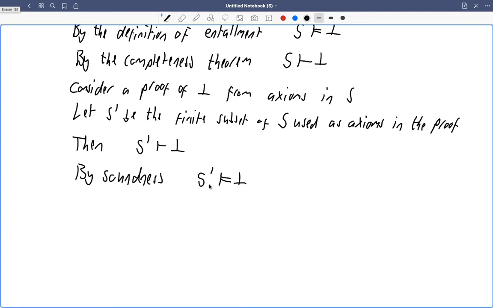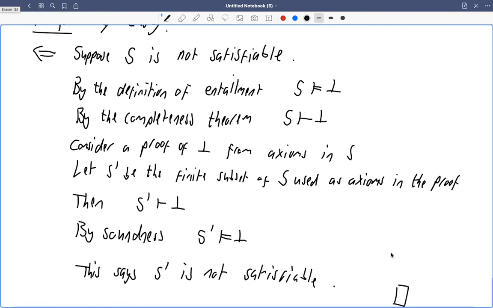In other words, S prime is not satisfiable. And that's as required, because we have shown that if S is not satisfiable, then there exists some finite subset S prime that is not satisfiable.